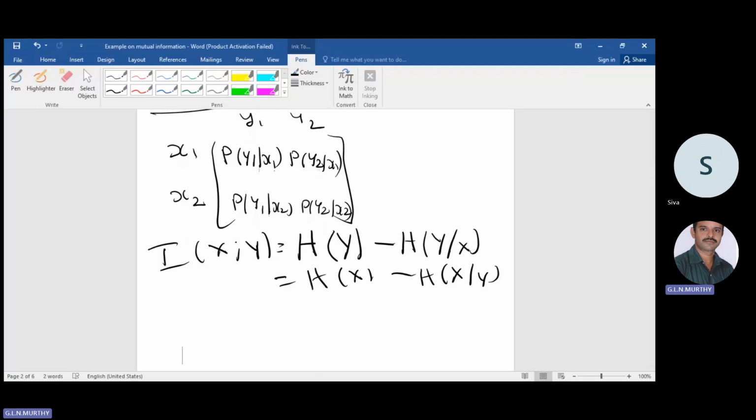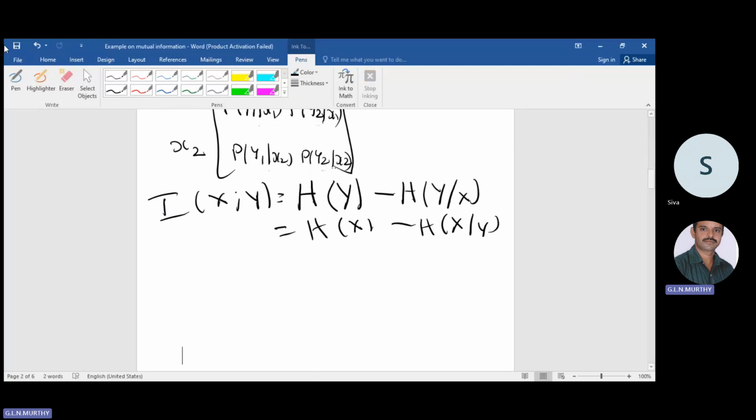In the current example, we have been given P of y upon x equal to 0.6, 0.4, 0.4, 0.6.